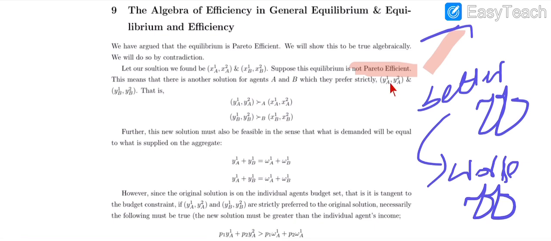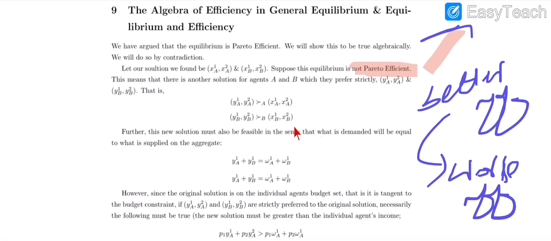Here we represent agent A by y1a and y2a, and similarly for B, y1b and y2b. This new solution must be feasible, in the sense that what is demanded will be equal to what is supplied in the aggregate.